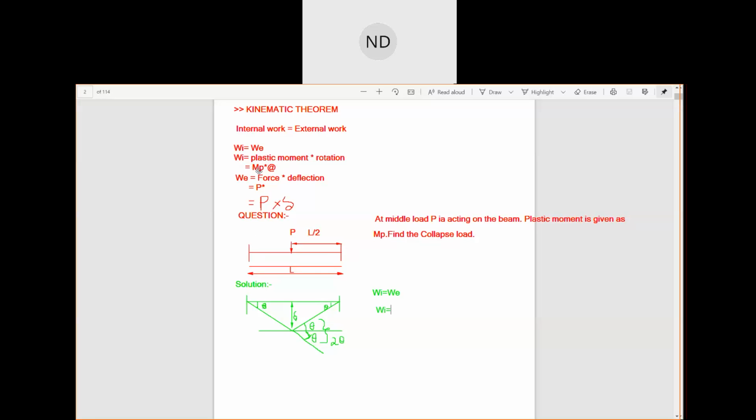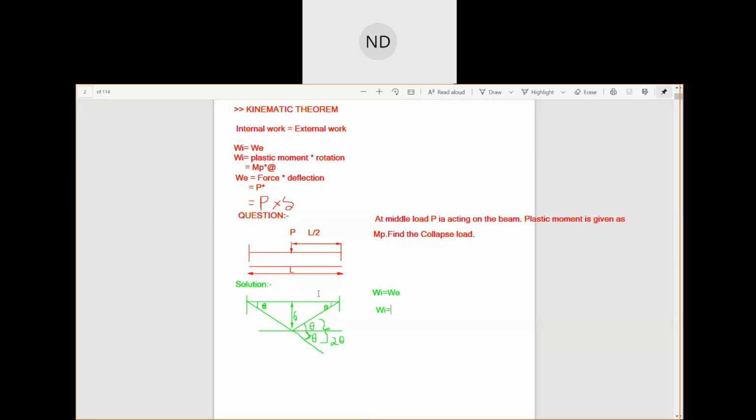We always have plastic hinges at the fixed supports, then under the point loads, and also at the point of zero shear in a span subjected to UDL.